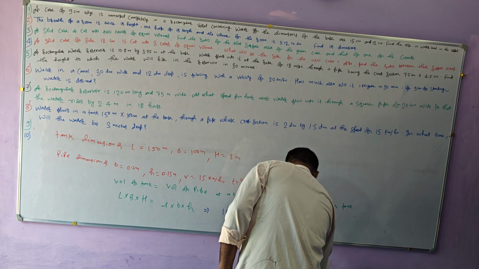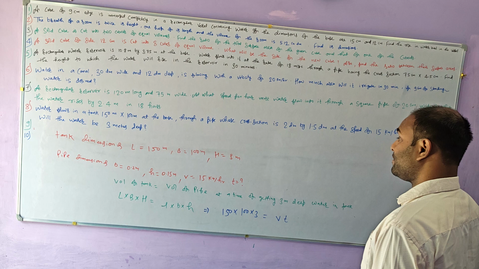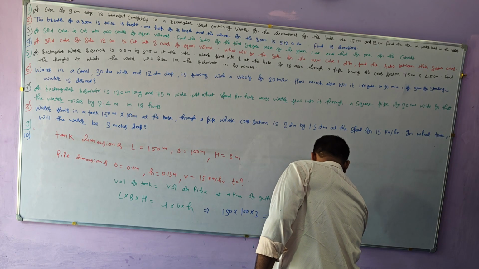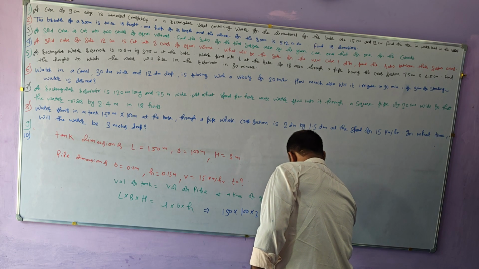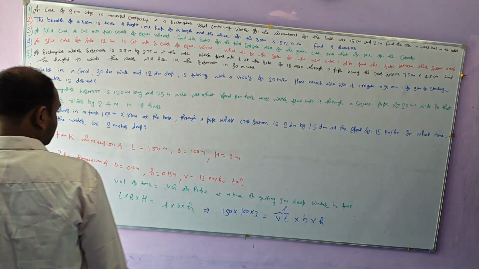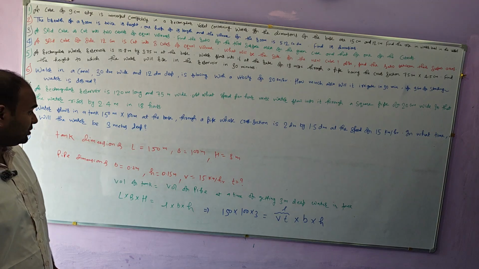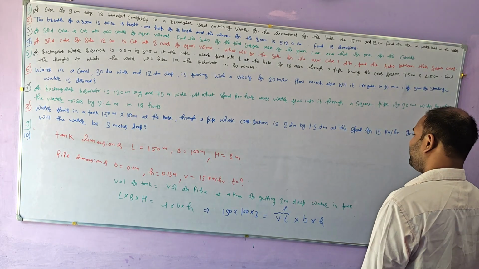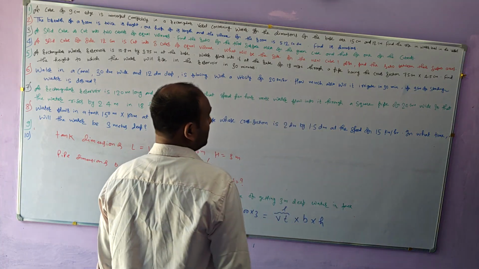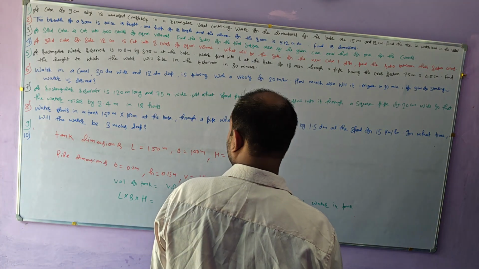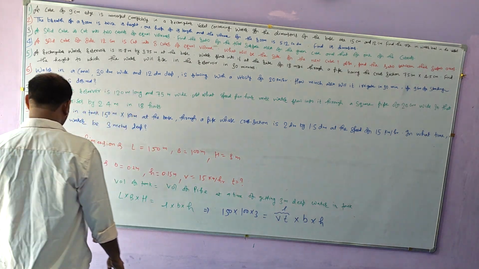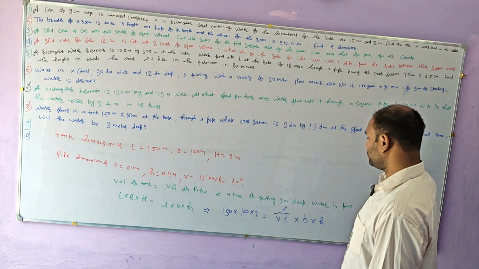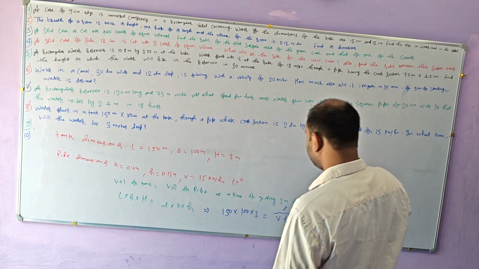So we directly put Vt and there is B and H. From this we get L. Now we have 15 kilometer per hour, and if we want to find the result in hour, then we don't need to convert it in seconds. We just convert the kilometer into meter.